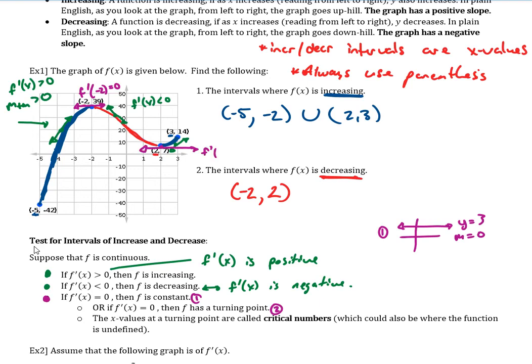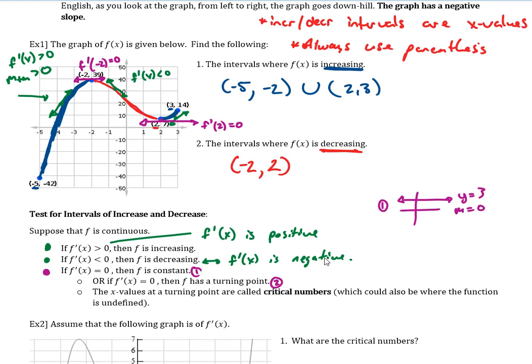That purple tells us f prime of 2 would have been 0, because at the turning point, I know if I have a negative slope turning into a positive slope, if everything's smooth also. It changes if it is not smooth, or if it's like a sharp corner, or if it's not continuous. We have different scenarios, but this is a nice smooth curve, so that means at the turning point, we have a derivative that would be set equal to 0.